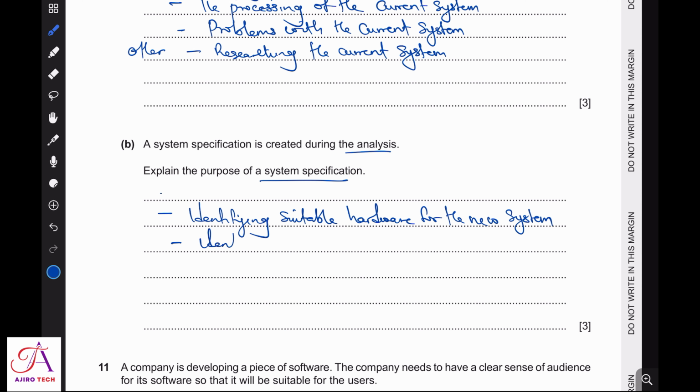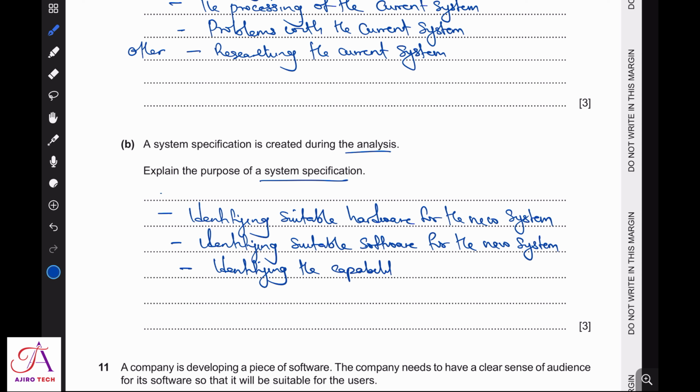You're also identifying suitable software for the new system. You're also identifying the capabilities of the new system.